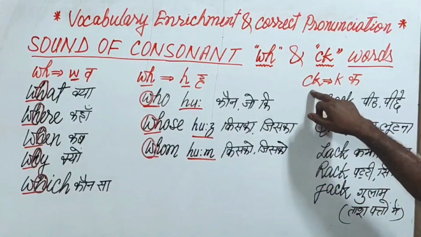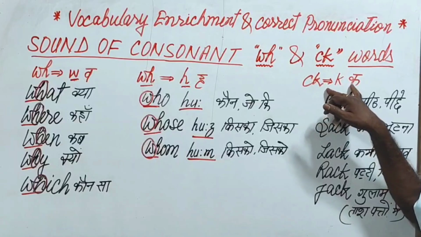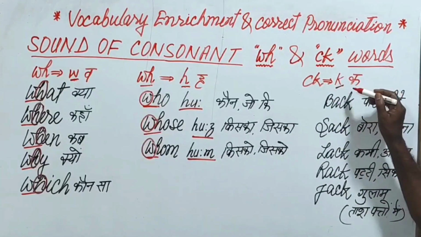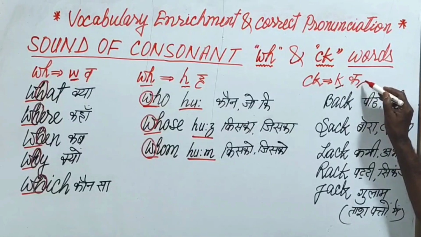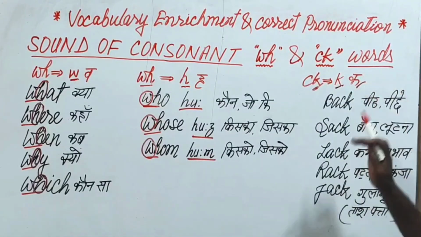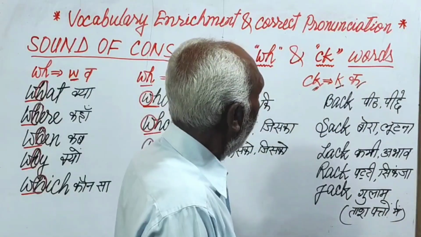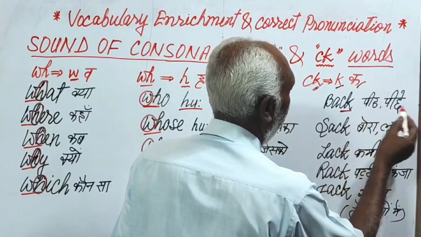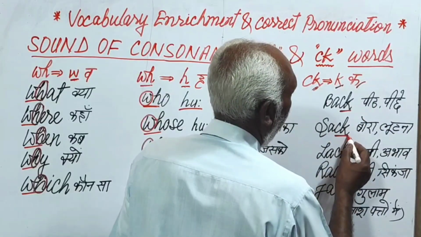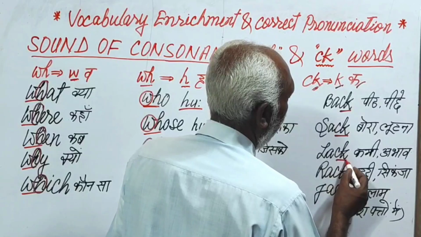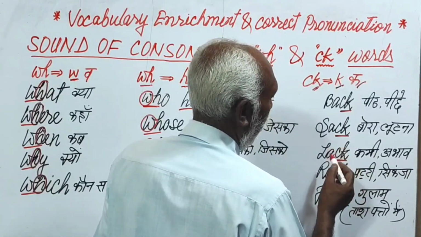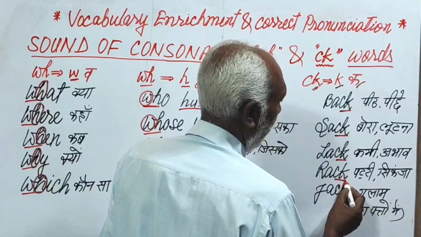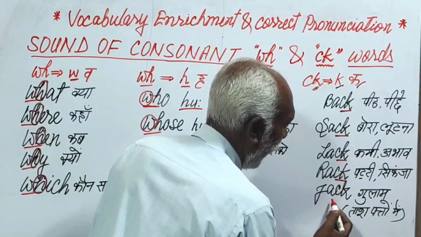Next goes to CK, that is pronounced as K, the sound symbol here. K, now the sound symbol, and CK is pronounced as K. In these words, now BACK, back, पीठ या पीछे; SACK, sack, बोरा, लूटना; LACK, lack, कमी अभाव; RACK; and JACK, jack.